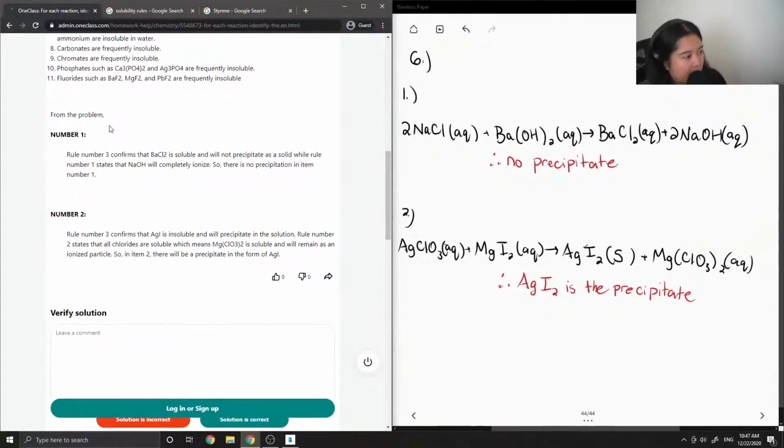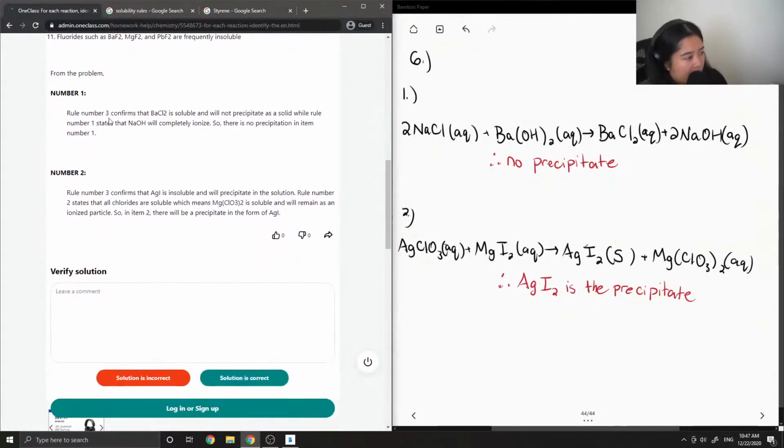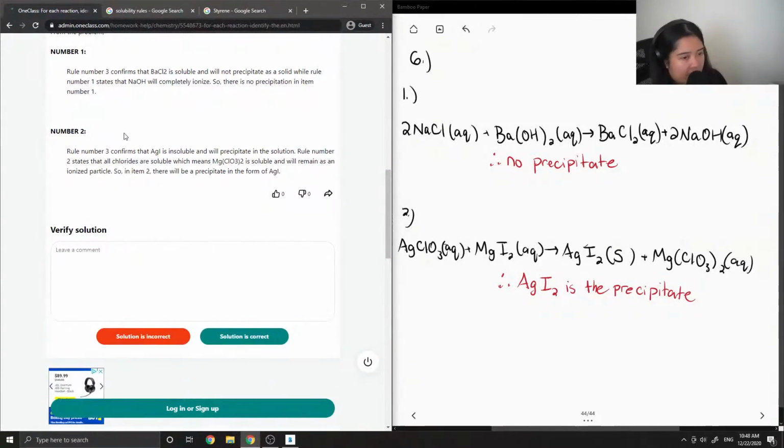For problem number 1, rule number 3 confirms that barium chloride is soluble and will not precipitate as a solid, while rule number 1 states that sodium hydroxide will completely ionize, so there's no precipitate in reaction 1.